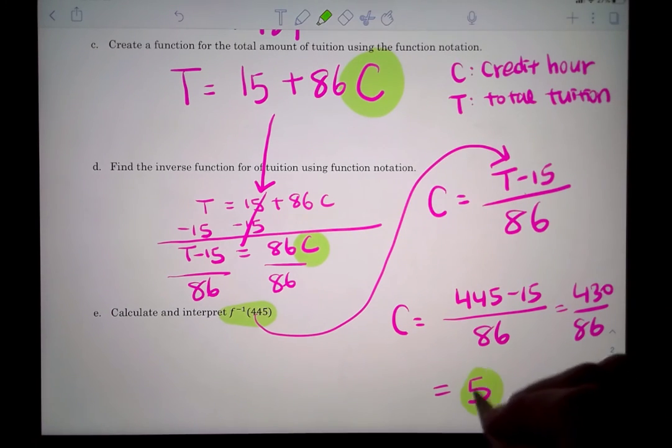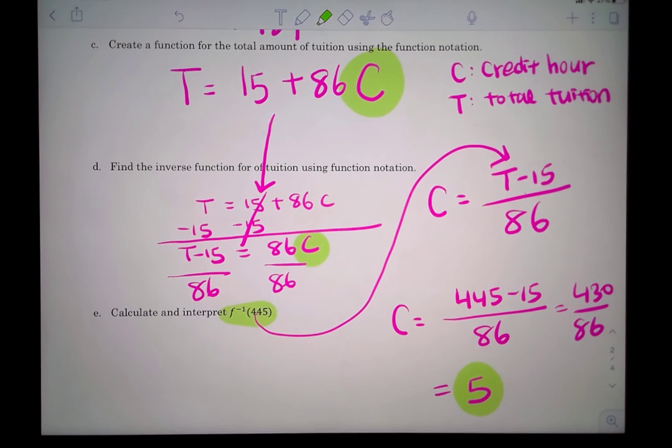So 5 credit hours. If a person pays $445, then that means the person took 5 credit hours.